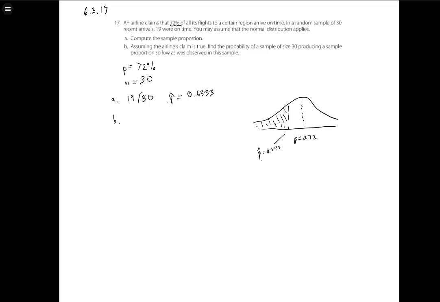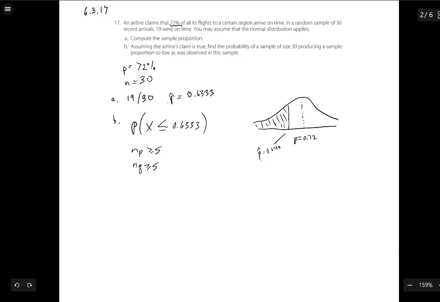So what we'll be looking at here for B is the probability that, I'll just use X here, is less than or equal to 0.6333. All right, so first thing we need to do is double check that we are able to use our normal assumption. So that's where we had np greater than or equal to 5, as well as nq being greater than or equal to 5.